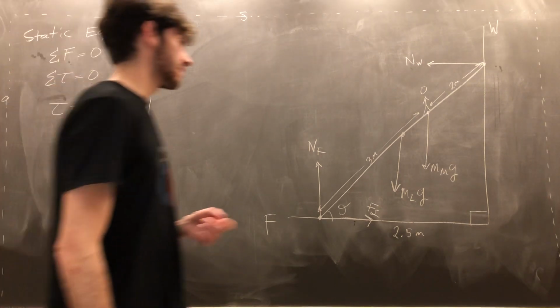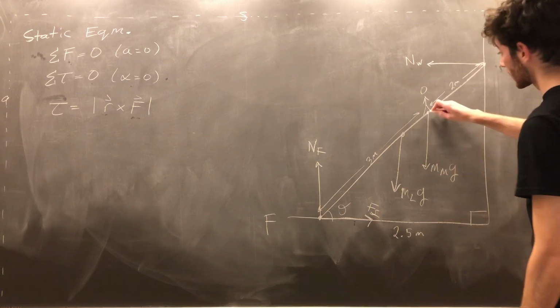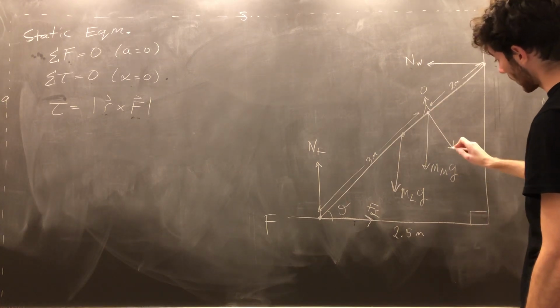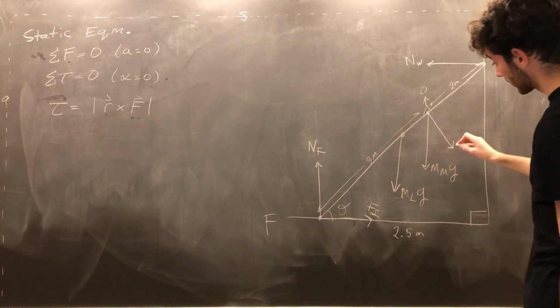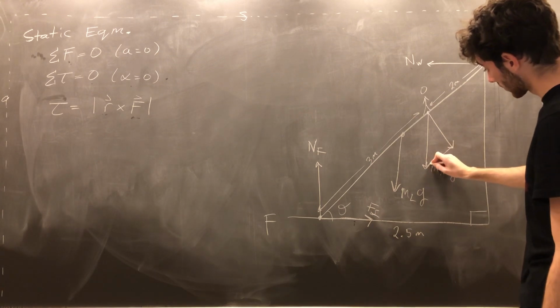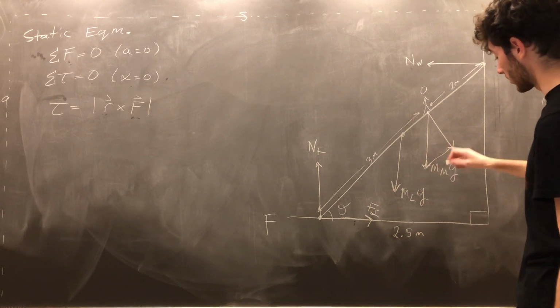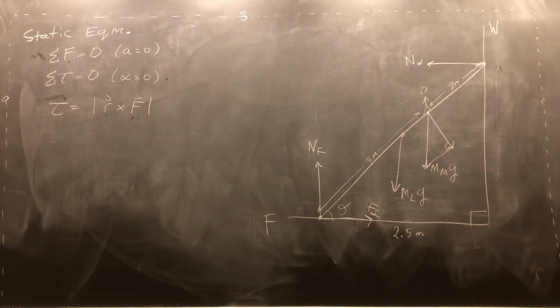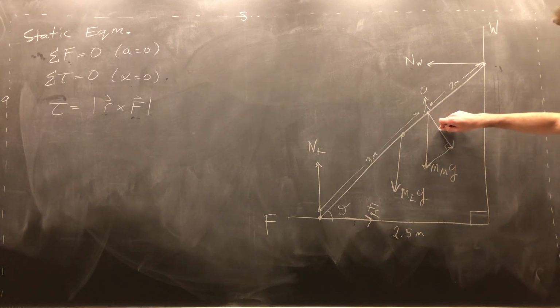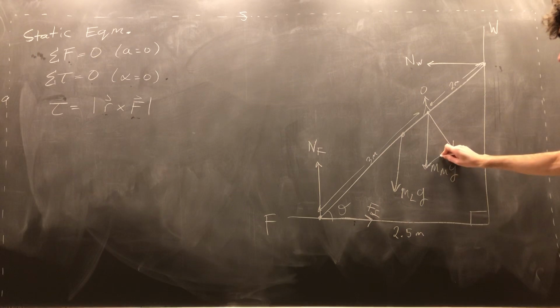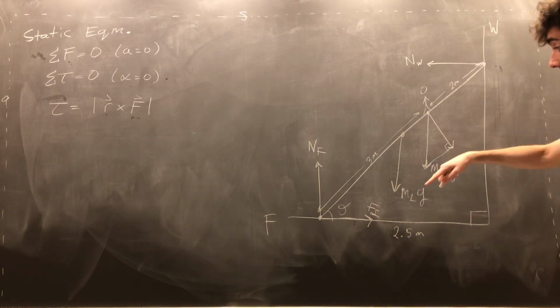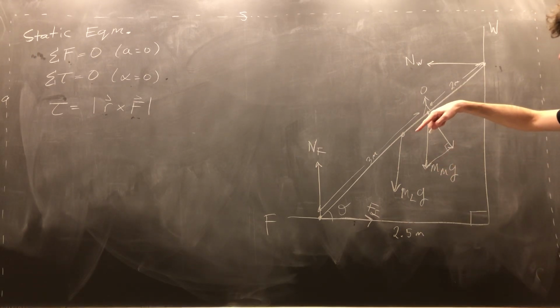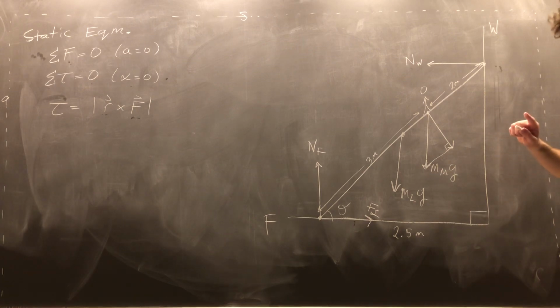So in fact, if we broke this into components along the direction of the ladder, just if we wanted to, it's totally arbitrary, but let's say we did that. The only component that's providing any torque at all is this component here, the perpendicular component. This component of his weight, which points this way, parallel to the ladder, imparts no torque on the system.